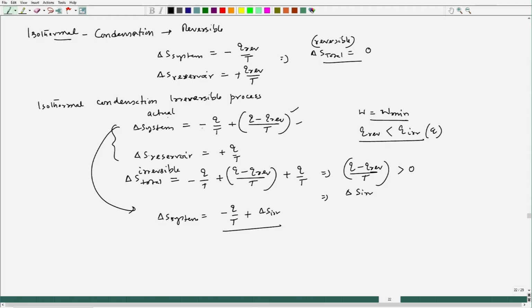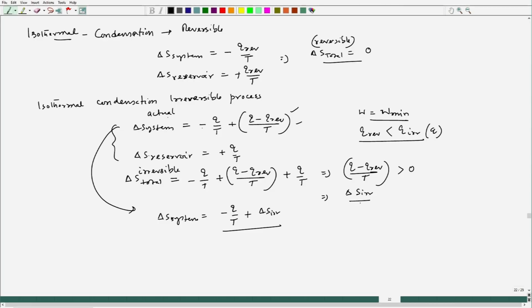So, in both the processes, even if it is condensation or expansion or evaporation, I would see that there is always some entropy creation during irreversible mode, and the degree of irreversibility will be decided by how much of that entropy is being created.